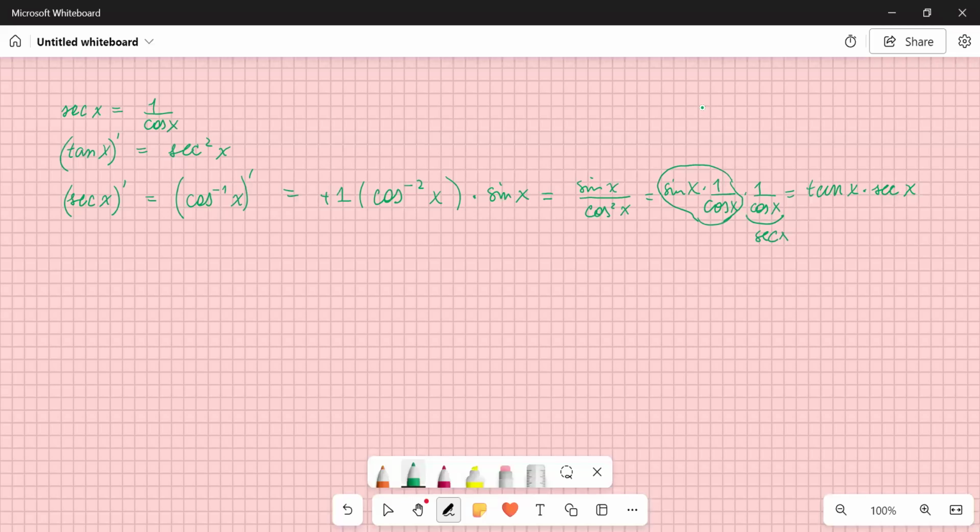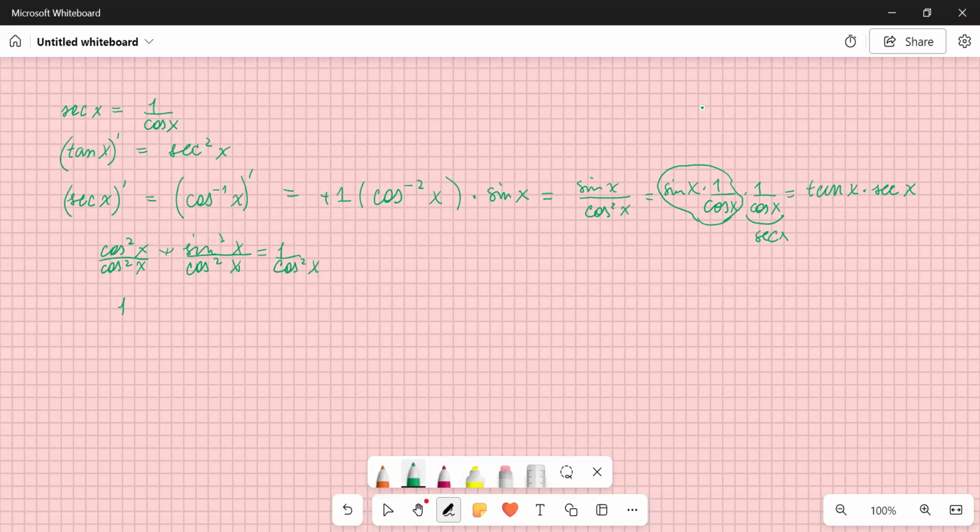The last fact that we need today is the Pythagorean identity for secant and tangent. I did this identity already once, maybe in section 2 or 3 when we were doing trigonometry, but I'm going to do it one more time. The Pythagorean identity for sine and cosine is cosine square of x plus sine square of x equals 1, right? If we divide this identity by cosine square, each term, what are we going to have?